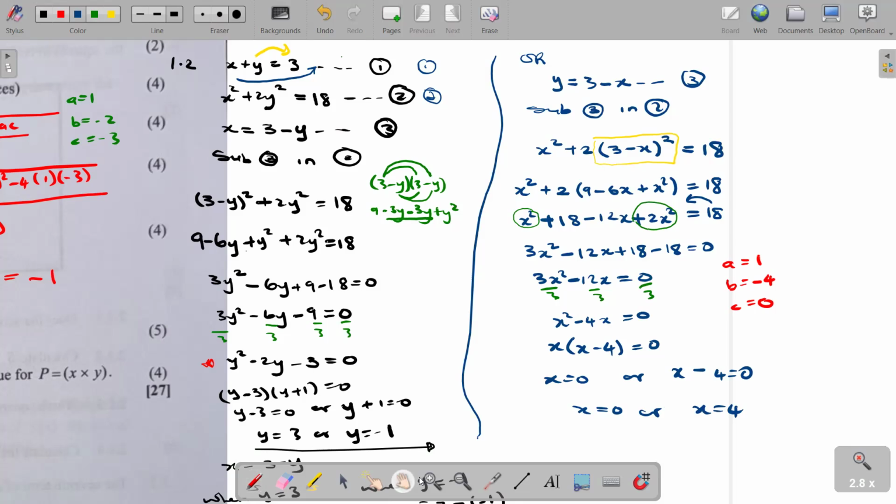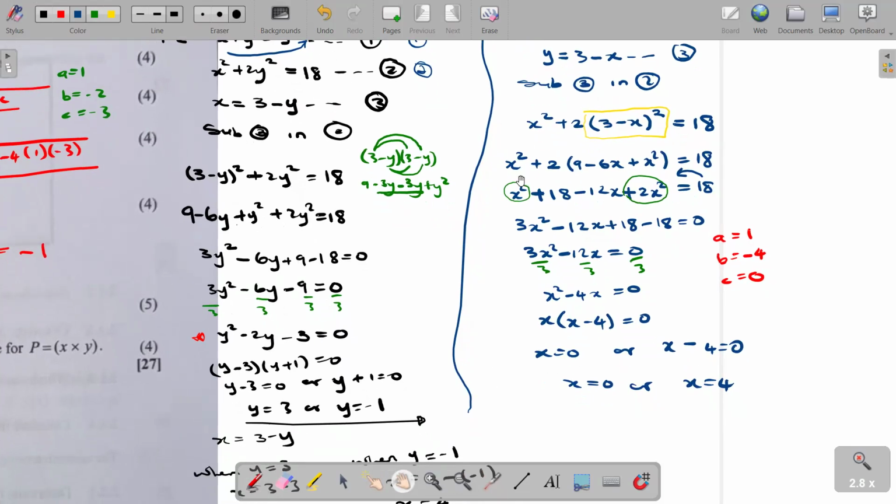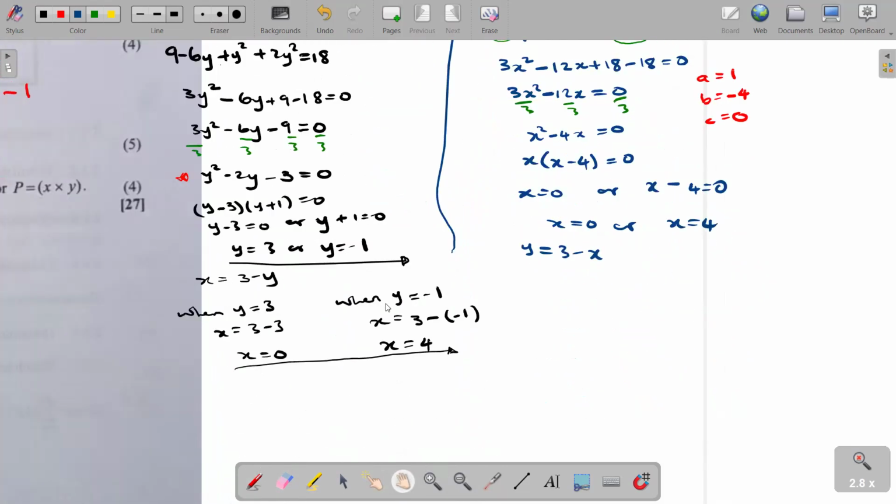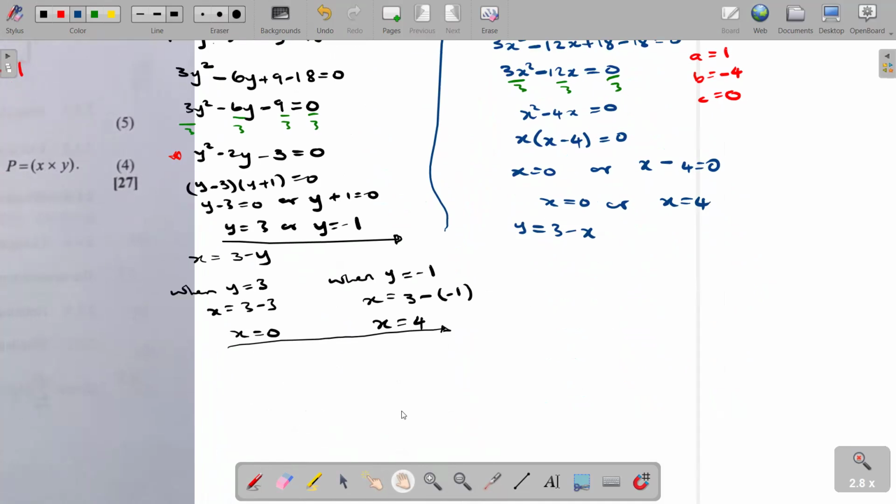Once you get the values of x, we now want the values of y. But take note, it's already established that y is equal to 3 minus x. So it will mean that y, when x is equal to 0, y will be equal to 3 minus 0, y is equal to 3.